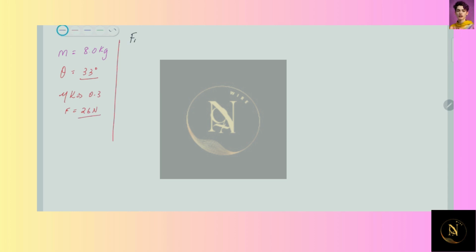Let's say F net is F minus the coefficient of friction times mg cosine of theta, plus mg sine of theta. So we're looking at 26 minus 0.3 multiplied by 8 times 9.8 cosine of 33, plus 8 times 9.8 sine of 33.